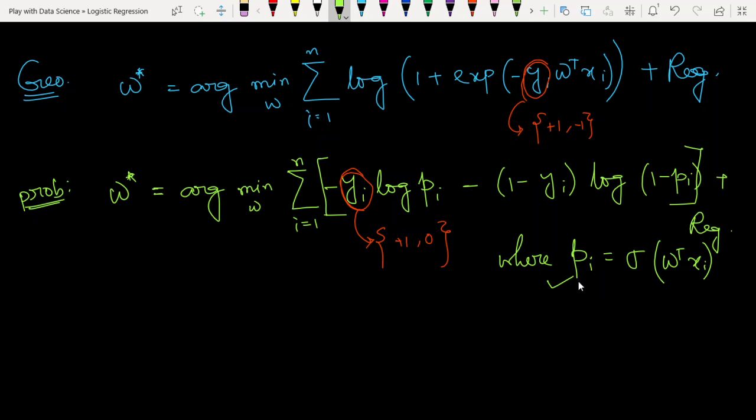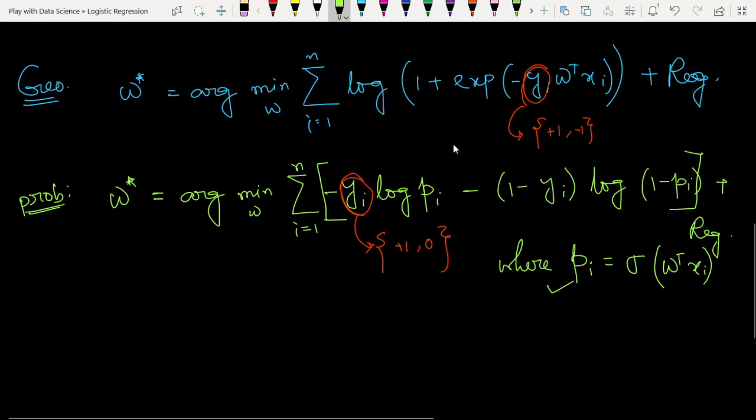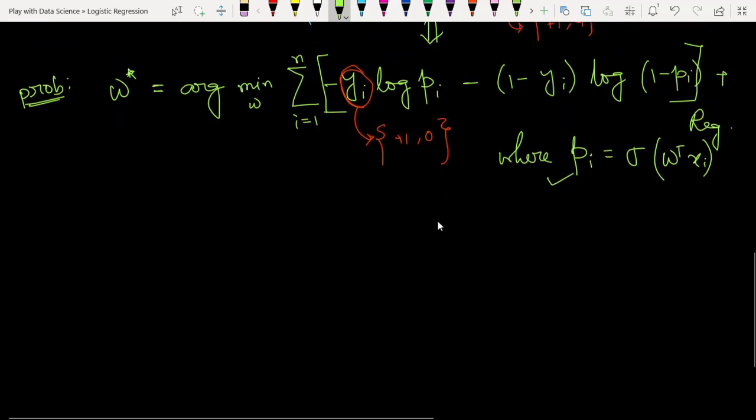Geometrically we have seen that we use the Gaussian function to find the probability. So now we just compare these equations. Both are equivalent, the same equation. Let's go one by one.